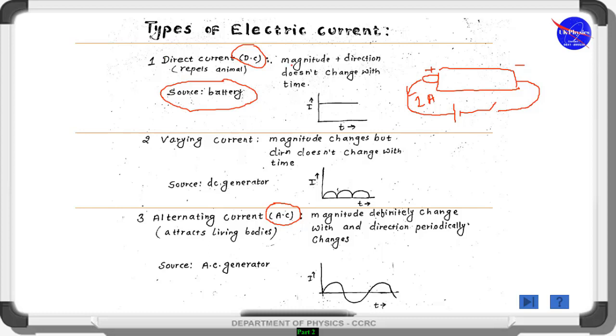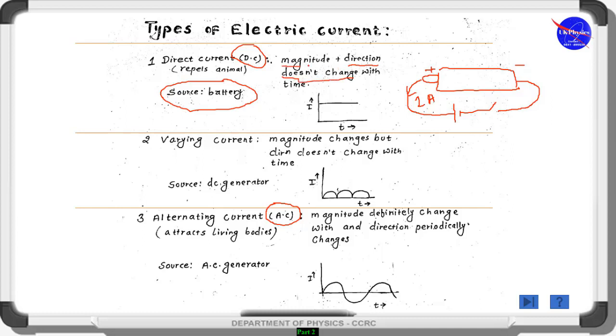So in direct current, the polarity never changes because the current always flows from the positive terminal of a battery to the negative terminal of a battery. This direction is preserved. This direction is always constant. So in direct current, the direction does not change.